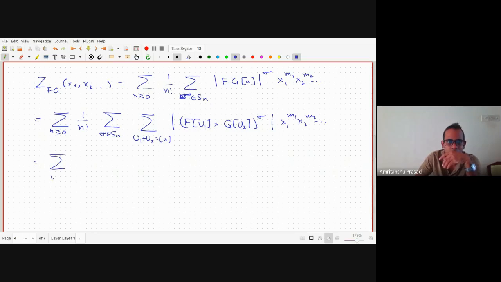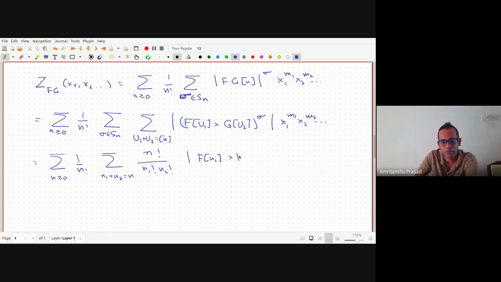So we can replace this by the sum over n1 plus n2 equals n, of n factorial divided by n1 factorial n2 factorial, and then F(n1) cross G(n2), and then we take sigma in S_n.